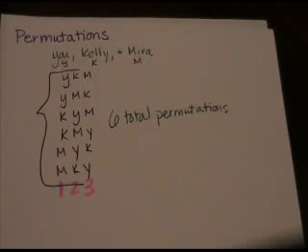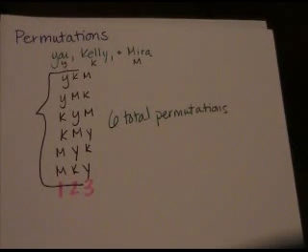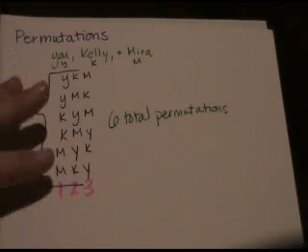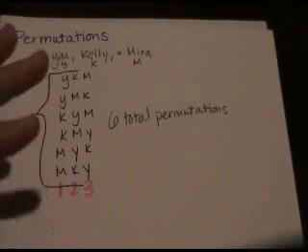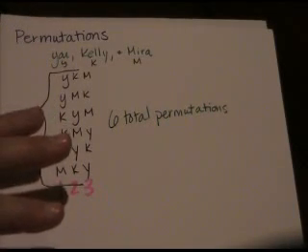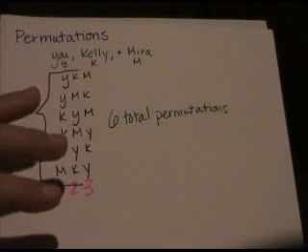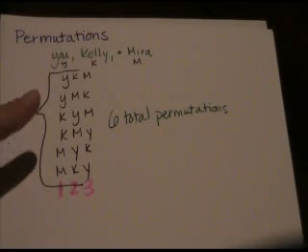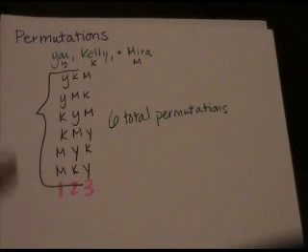Guess what? If you had brought 20 of your closest friends, you could do the same thing. You could figure out exactly which order or how many possible permutations there were, but it would take a whole lot more work because that's a lot more options. We've got a formula for you. Here it is. It looks very similar to the combinations formula, but it has its differences. Here we go.